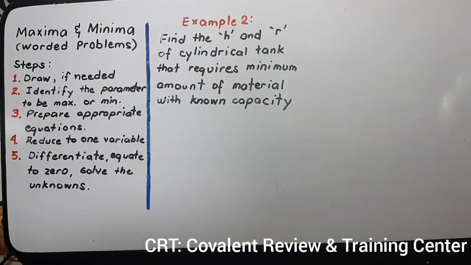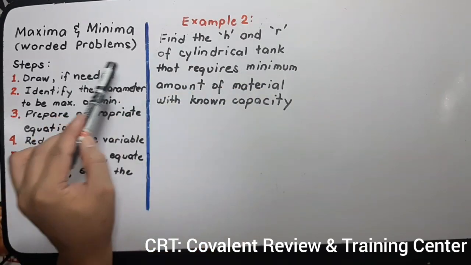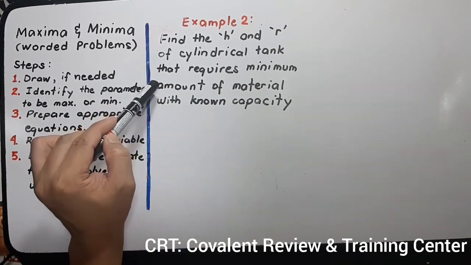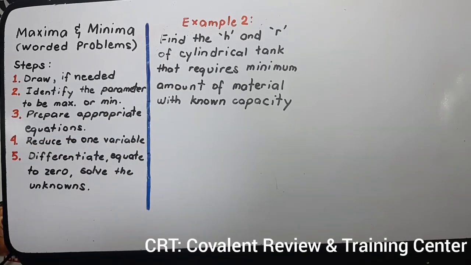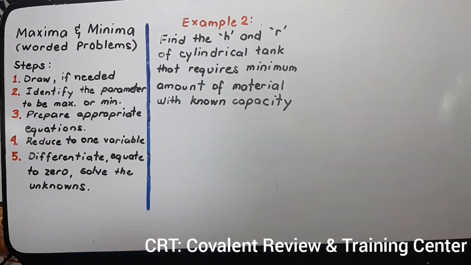Example number 2. Find the height and radius of a cylindrical tank that requires minimum amount of material with known capacity. So in this case, we will provide step number 1, which is the drawing of the cylindrical tank.